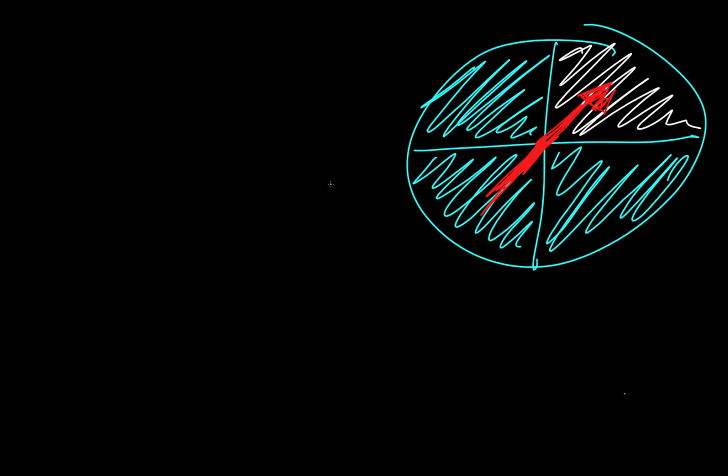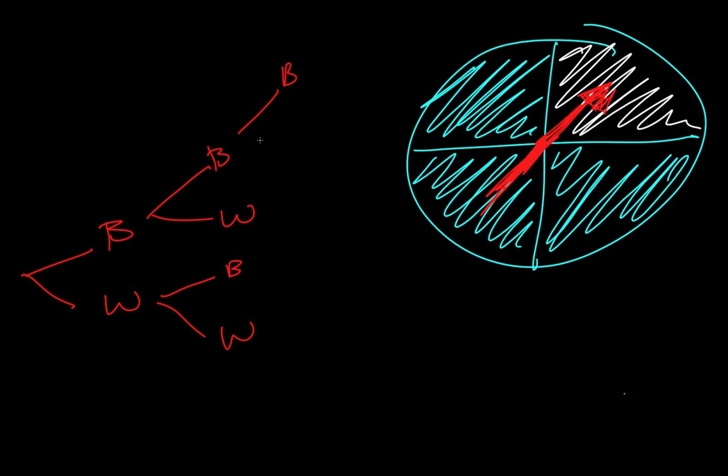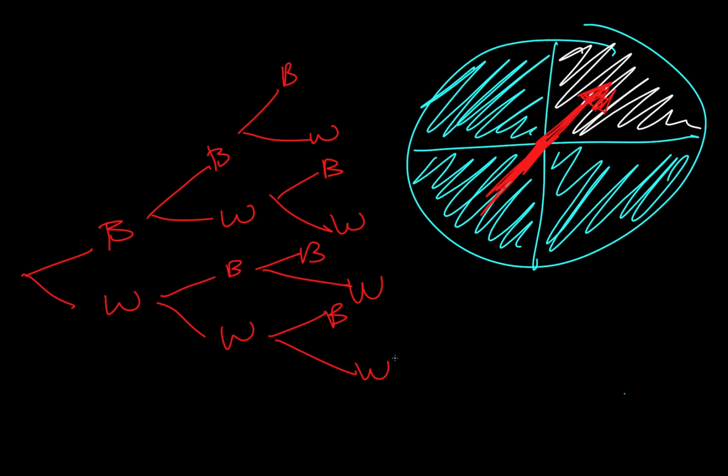Okay. So first we need to make the tree diagram. So you can either get blue or white, and then on your second spin you can get blue or white, and then blue or white again.